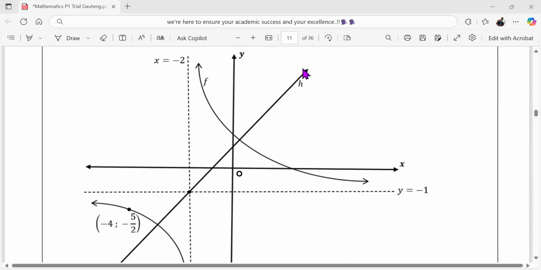No one volunteers. What do you say, sir? So what I know is it has to do with the gradient. If it's a positive gradient, it's gonna move upwards from left to right, and if it's a negative gradient, it's gonna move downwards, like a downward slope.